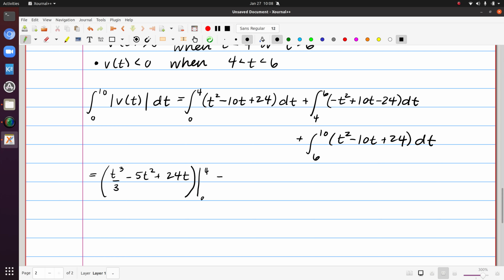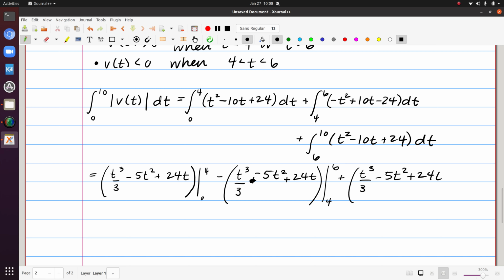And then we're going to have minus, oops, this is going to be minus t cubed over 3 plus 5t squared minus 24t, and that's from 4 to 6. And then finally, t cubed over 3 minus 5t squared plus 24t from 6 to 10.